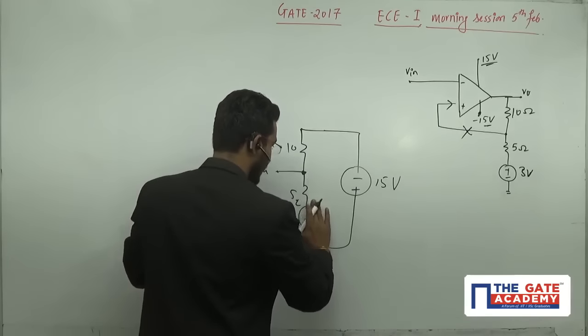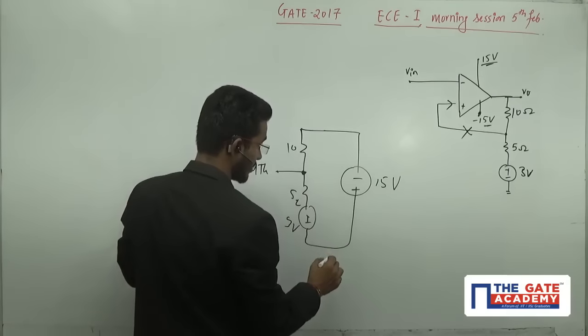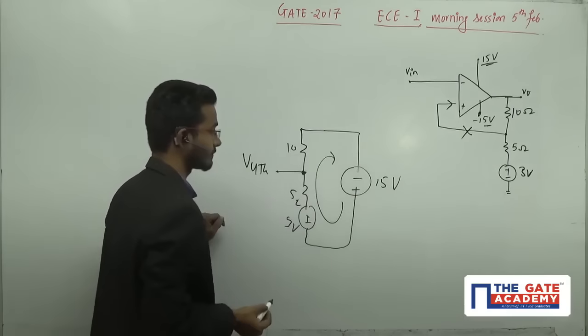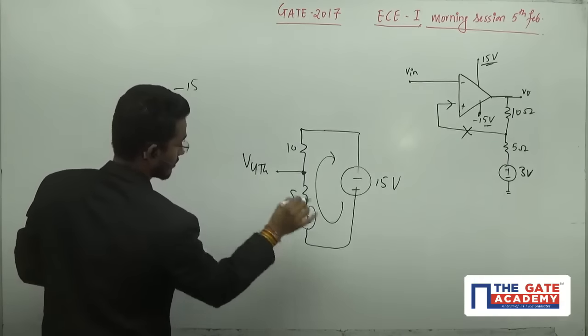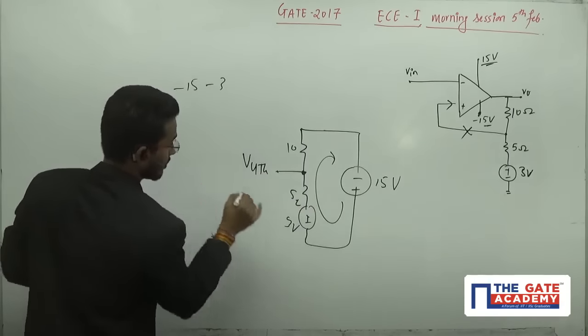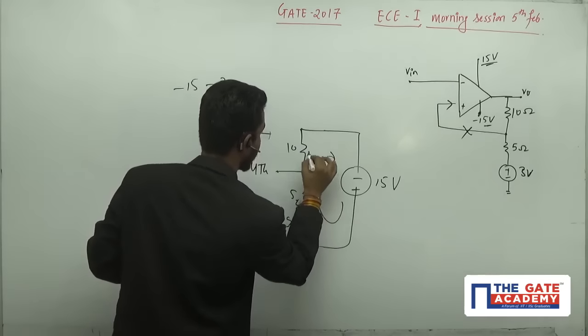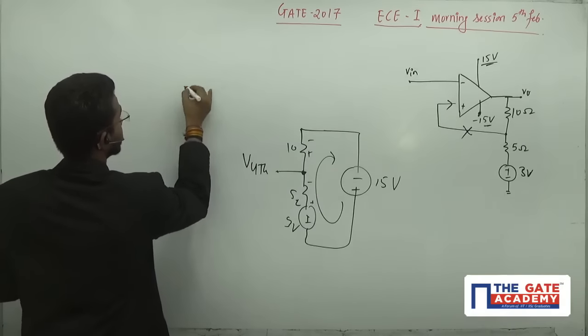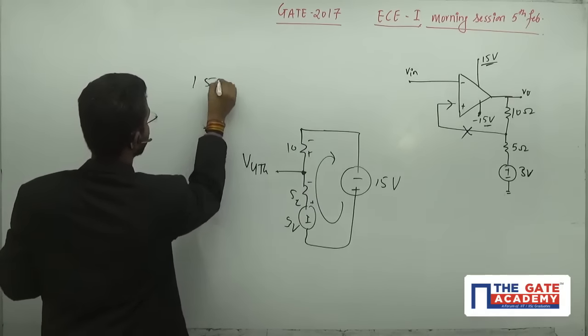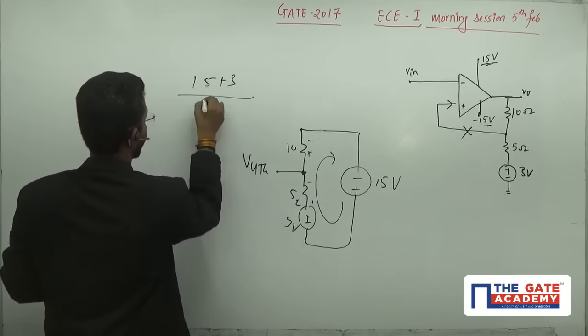At this time the current direction will be like this, minus 15 minus 3. If I write the current directly, that means 15 plus 3 divided by 15.